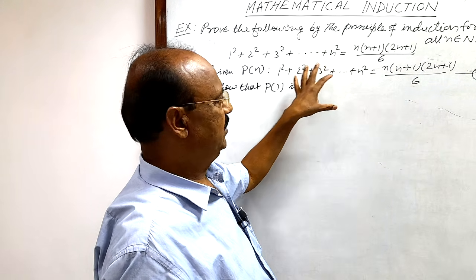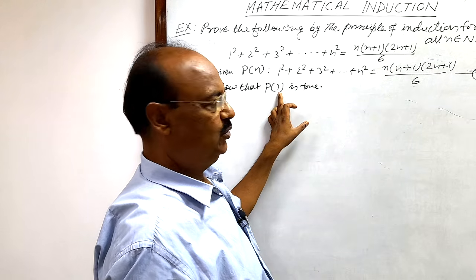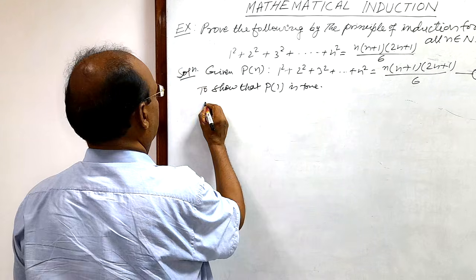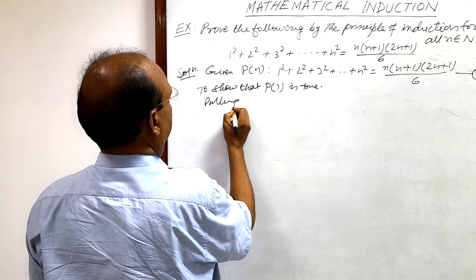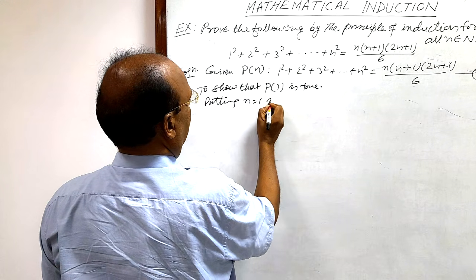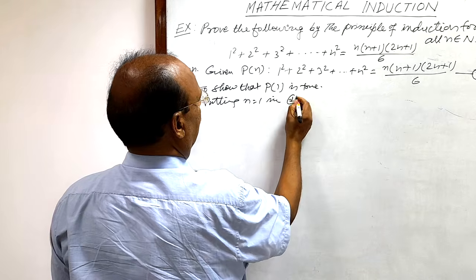So it will be established that P1 is true. Therefore, putting n equal to 1 in relation number 1.